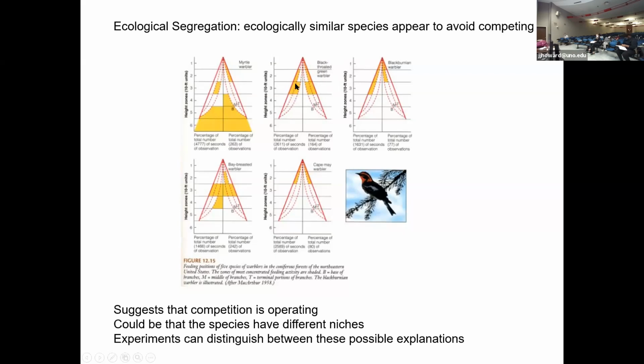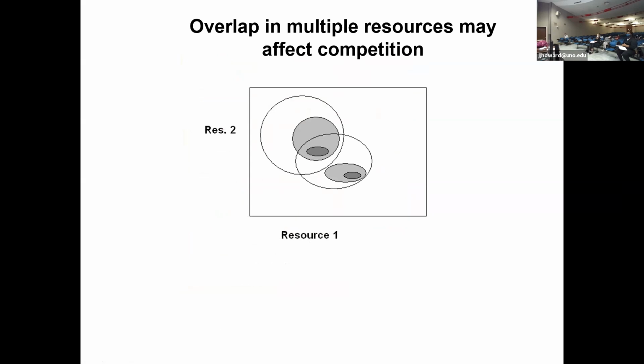It does use the middle of these middle branches, but it also uses these outside branches on the upper part of the tree. And that is completely non-overlapping with the Myrtle Warbler. That looks very much like what we saw right here. Each species has a portion of its niche that is not shared with another species.